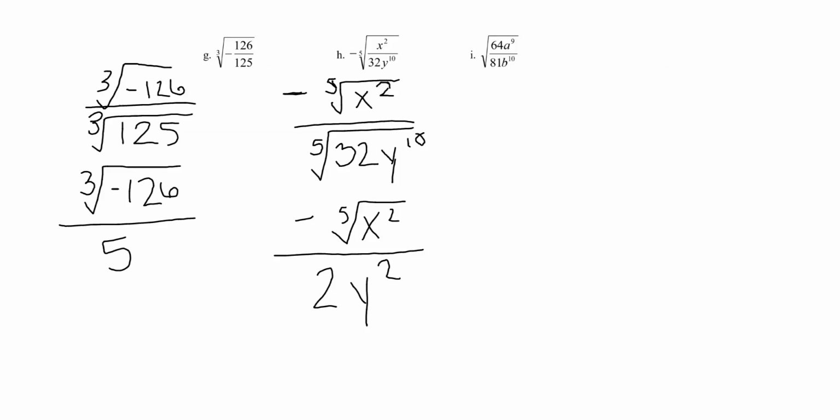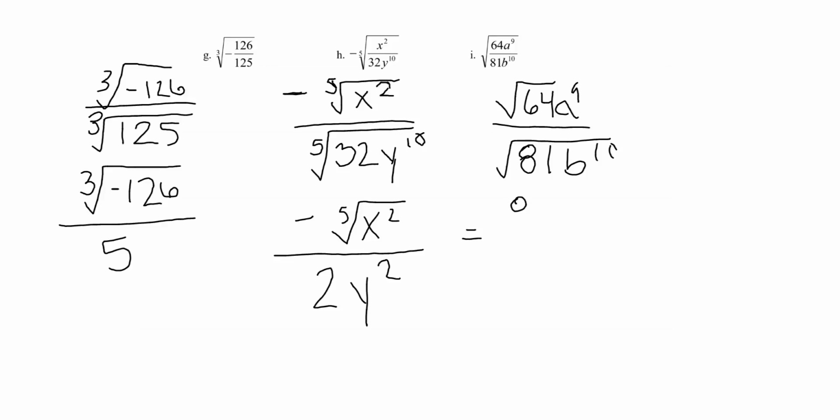And then our last one, again, I'm going to divide it up and make it the square root of 64a to the 9th over the square root of 81b to the 10th. And the square root of 64, we know, is 8.